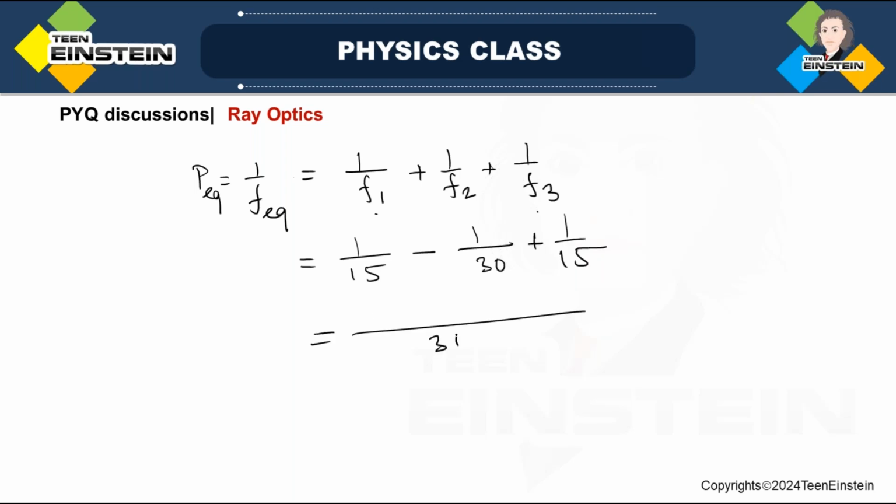Now this is 2 minus 1 plus 2, so what I get is 3 by 30, that means 1 over 10. So the equivalent focal length will be 10 centimeter.